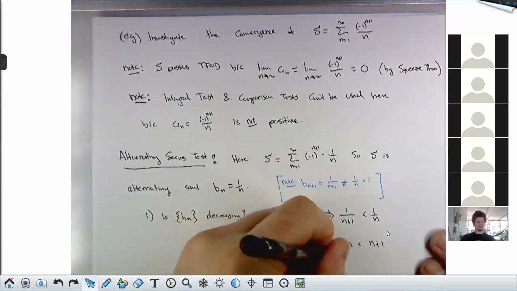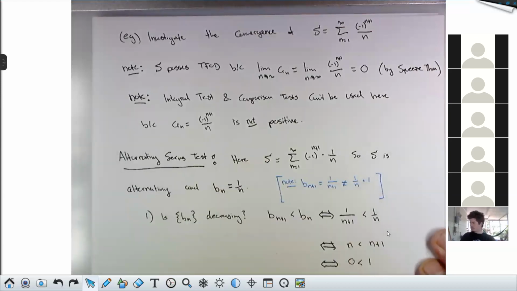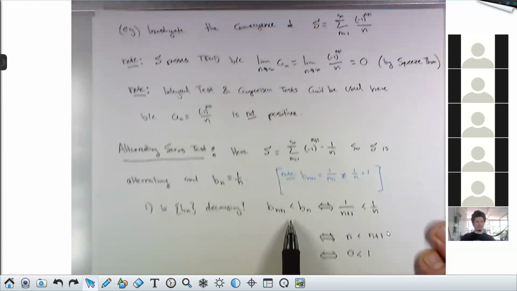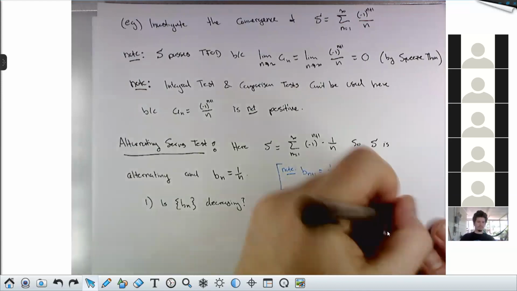And then if I subtract n from both sides, this reduces to the inequality 0 is less than 1. So what I've shown here is that bn plus 1 is less than bn if and only if 0 is less than 1. Since 0 is indeed less than 1, it follows that bn plus 1 is less than bn, and this is true for all n.